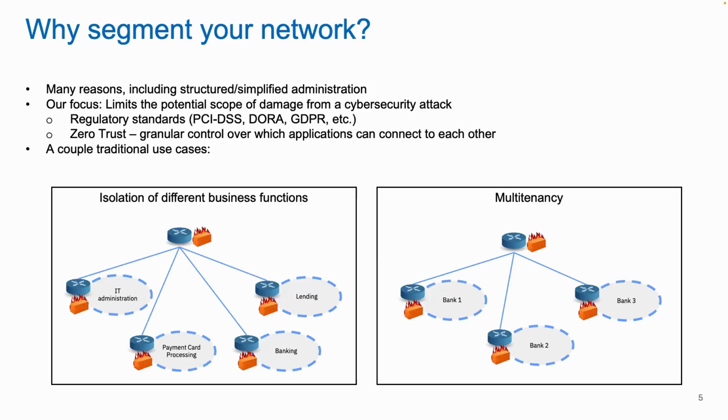Specifically, you can apply different controls to the different segments depending on what the security needs are for each of those segments. Taking the picture on the left here, administration might have very different security requirements than, for example, the credit card payment processing system.